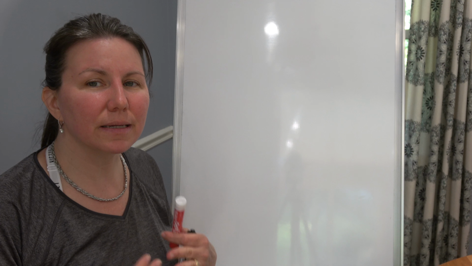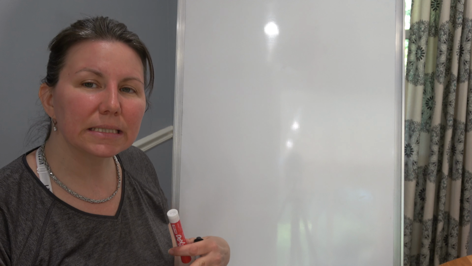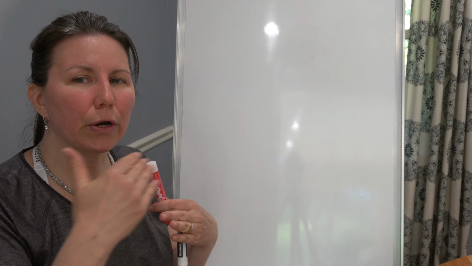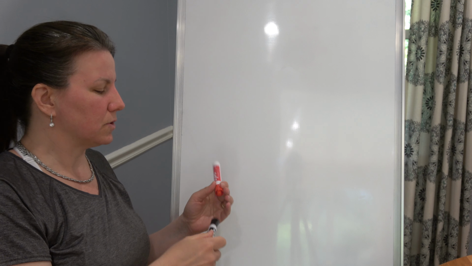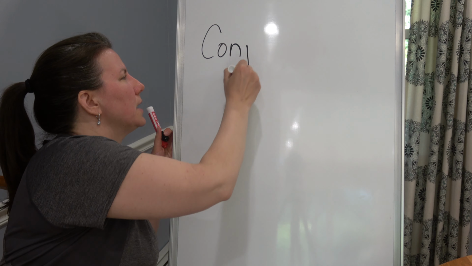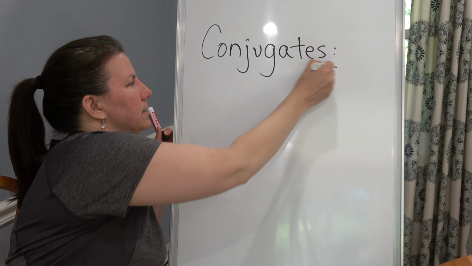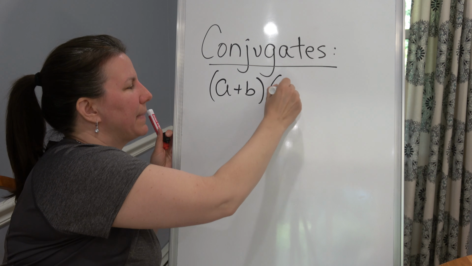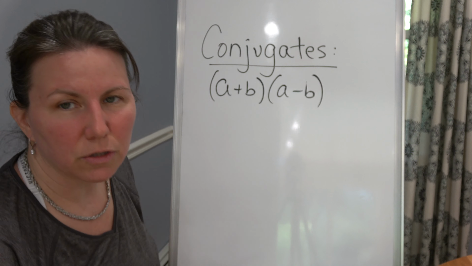A conjugate in math means something very different, okay? A conjugate is basically the same terms but with opposite signs, okay? So a plus b and a minus b are conjugates.